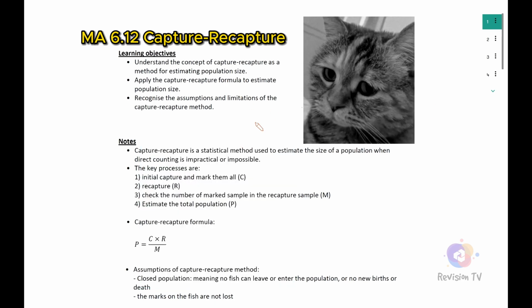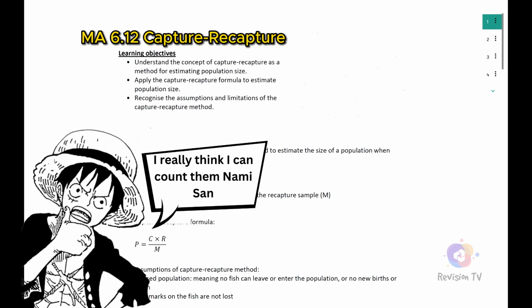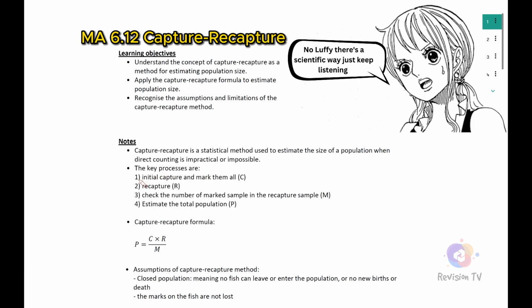Anyway, we can learn a formula to work out capture-recapture, and we also need to recognize the assumptions and limitations of the capture-recapture method. Sometimes there's a one-mark question at the end. This is a statistical method used to estimate the size of a population when direct counting is impractical or impossible. You can't count all the fish in a sea or in a pond. The key process: step 1, you initially capture some of them and put a mark on them.